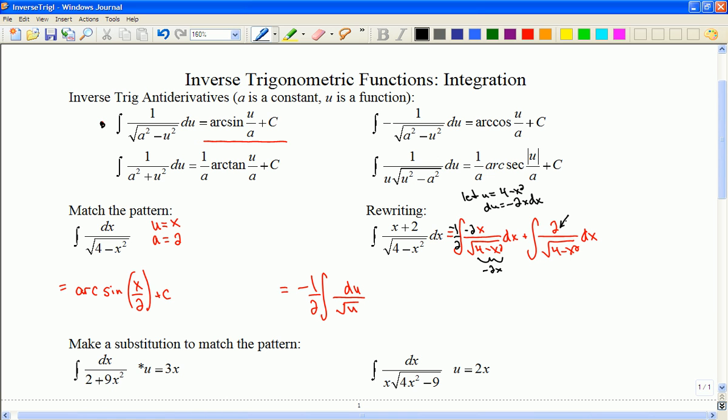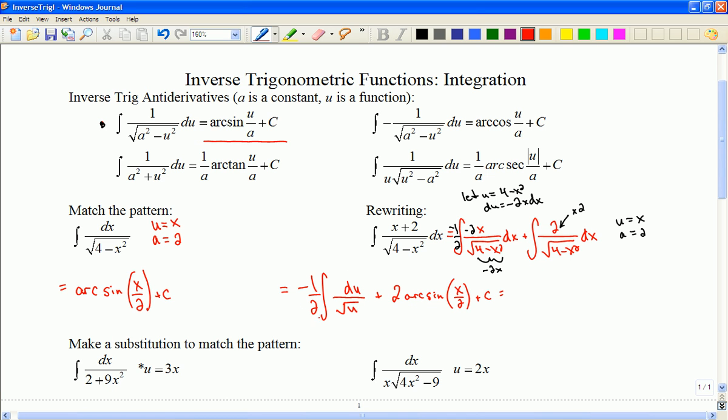The only difference now is I've multiplied by 2, which is just multiplying by a constant. So I can label this as u is x in this case, and a is 2. So I can resolve that integral right now. It's 2 times the arc sine of x over 2 plus some constant.